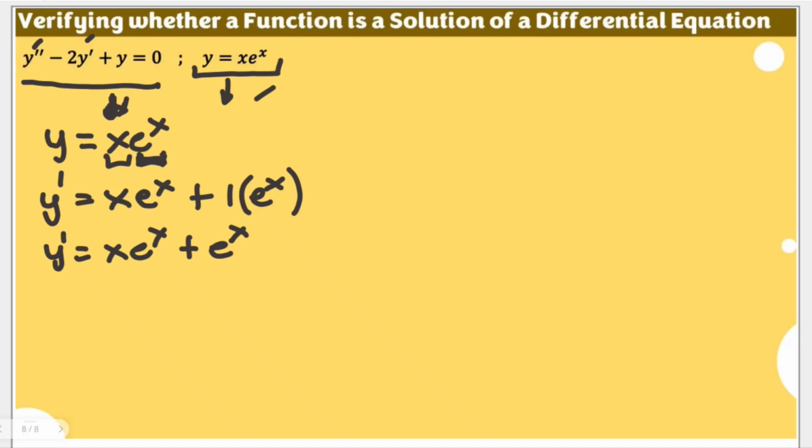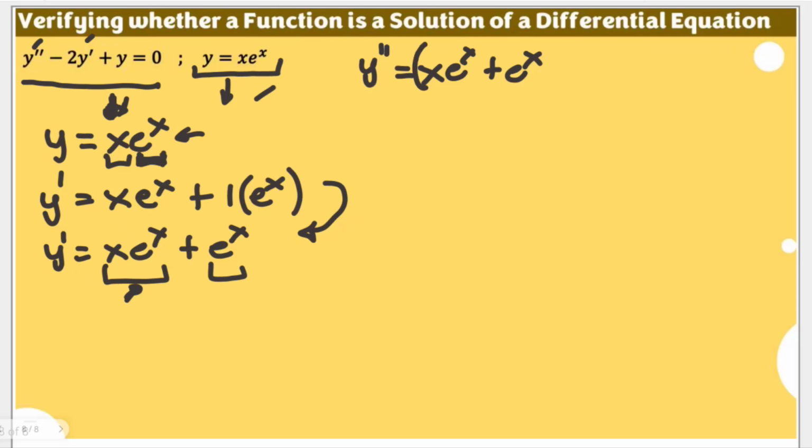Okay, but what is its second order derivative? That's the next thing. The second order derivative will be taking the derivatives of this separately as well. Since this here is similar to that and its first order derivative is this entire expression, we can just automatically copy that. You have x e to the power of x plus e to the power of x.